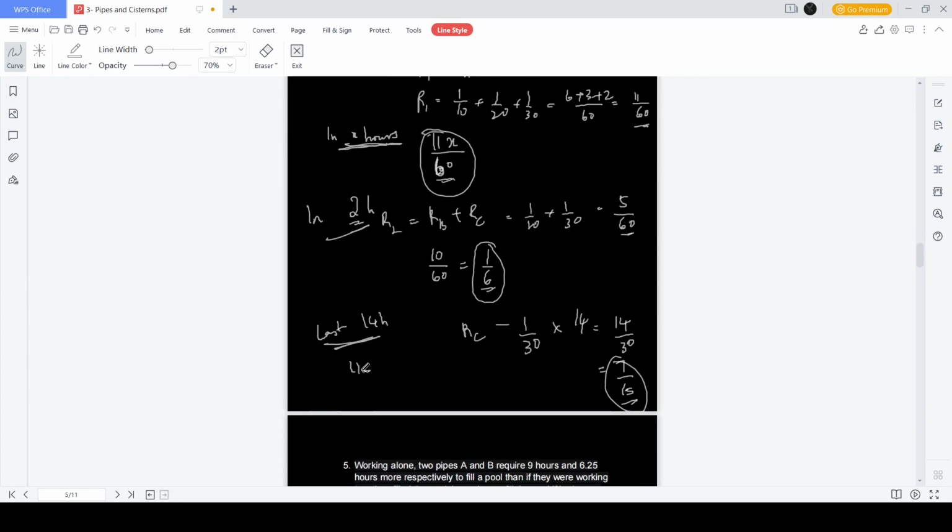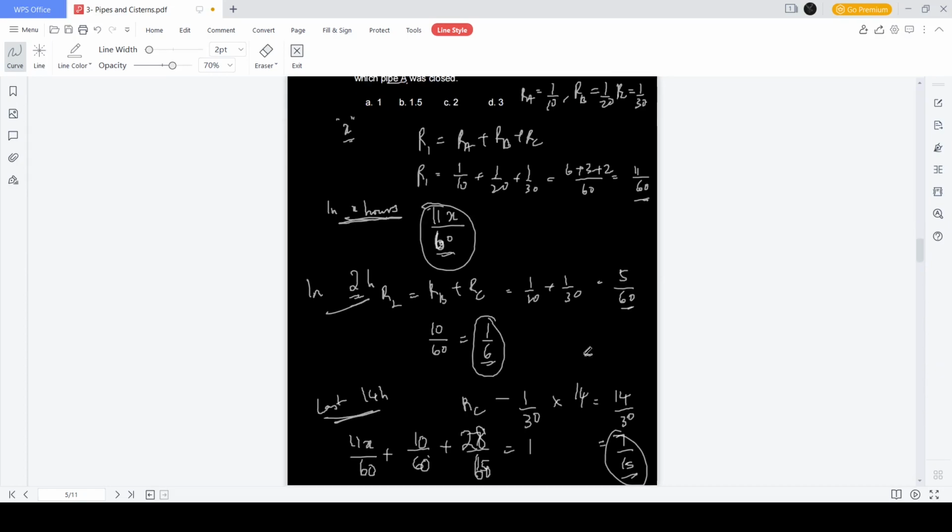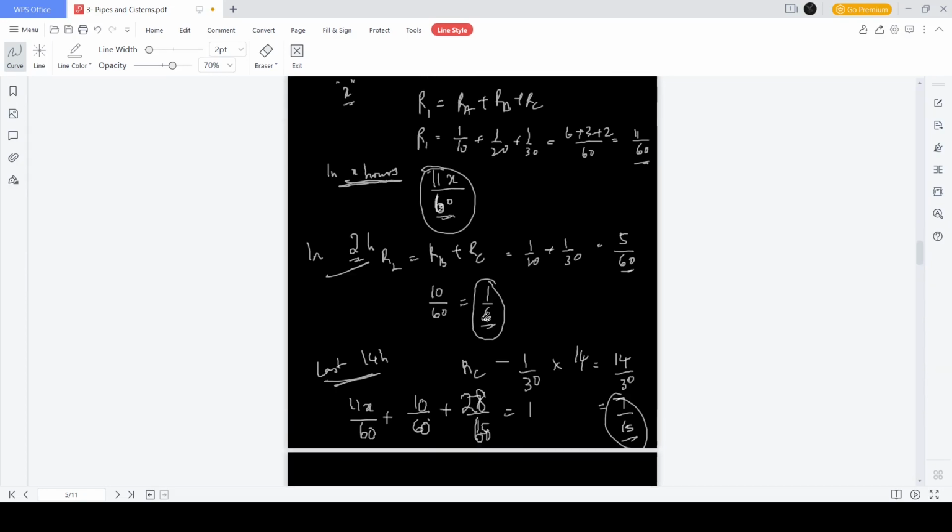So we get the equation 11x by 60 plus 1 by 6 plus 7 by 15 equal to 1. Common denominator is 60, so this becomes 10, this becomes 28. We take 60 to that side. I'll write it on the top.